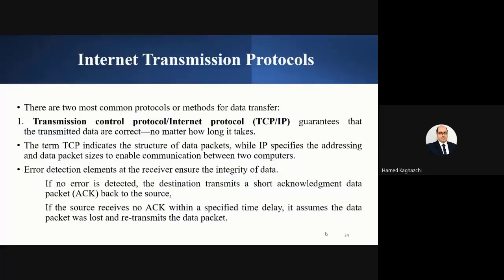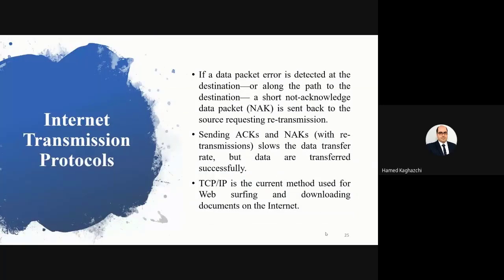Okay. Now, if the destination detects an error in a data packet, the destination sends a short not acknowledged data packet to the source and requests to retransmit the data.